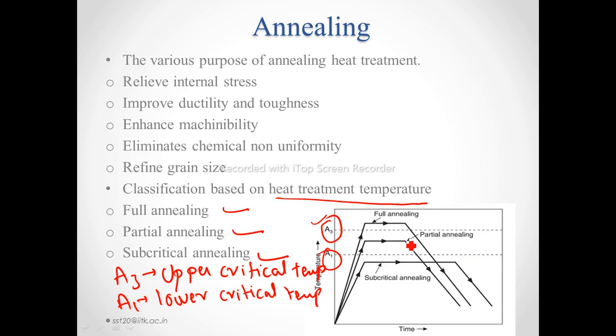But in partial annealing, we are heating in between these two, A3 and A1. The steel may be cooled very slowly. After heating, we are cooling with a very slow rate of cooling.